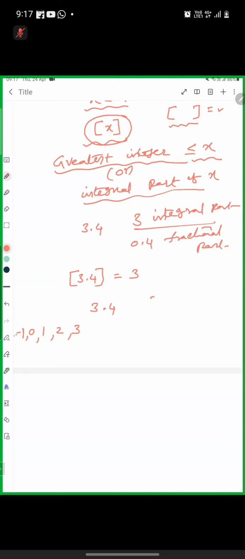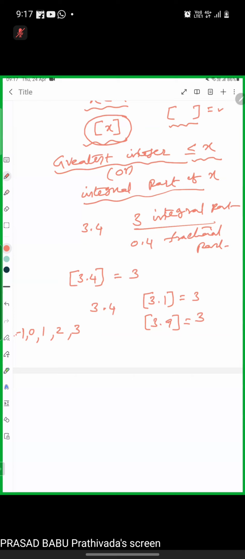Tell me what is the integral part of 3.1 now? 3. Integral part of 3.9? 3.